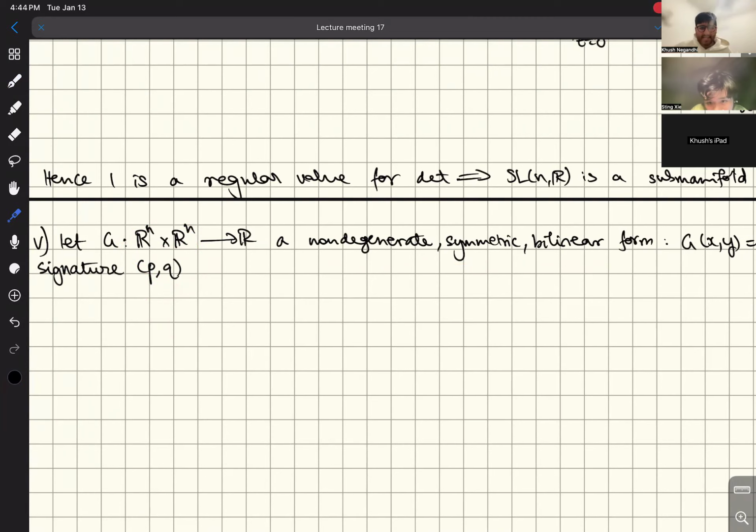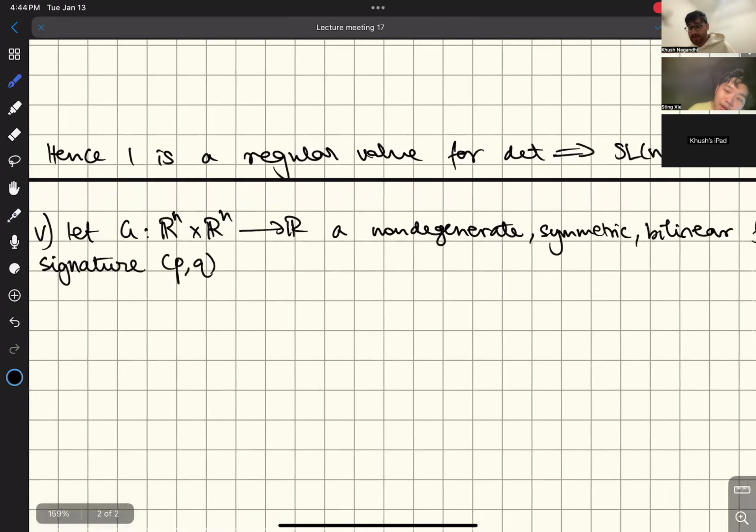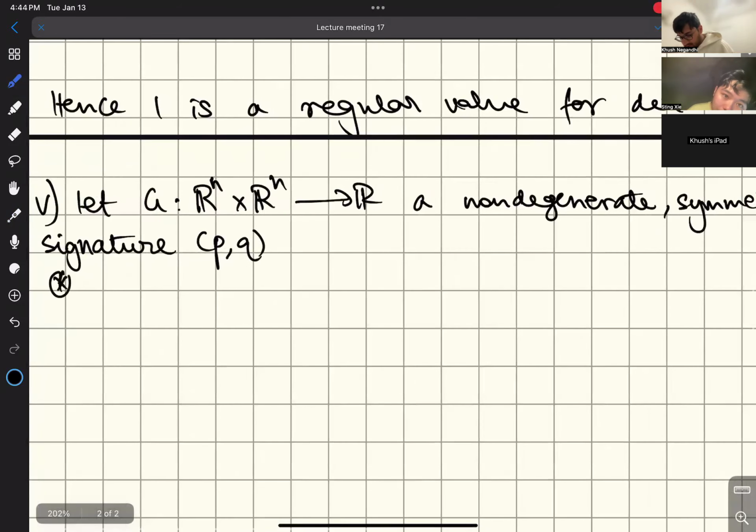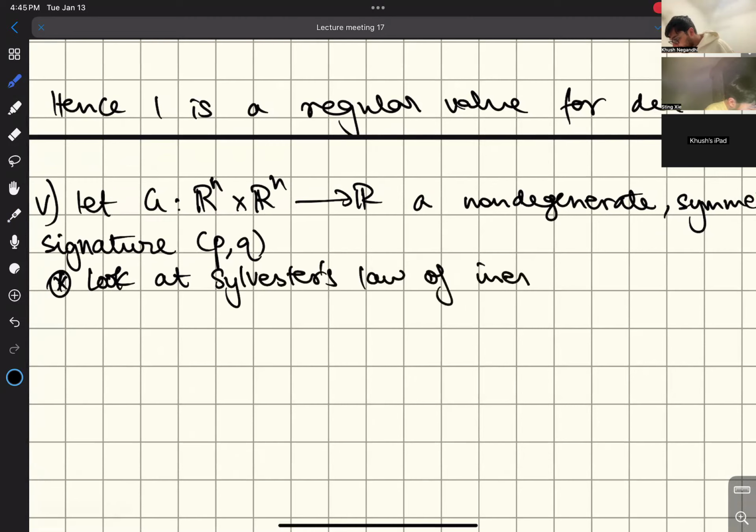I think the existence of such a basis is called Sylvester's law of inertia. You can look that up if you need a proof of why this is well-defined, so I'll just put that here.